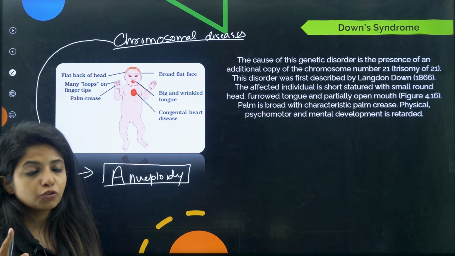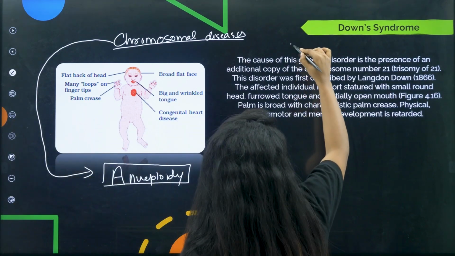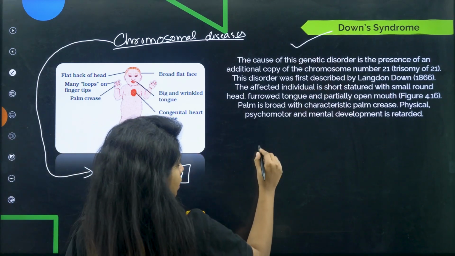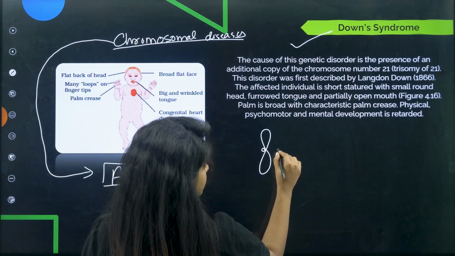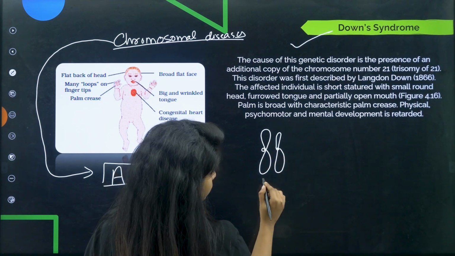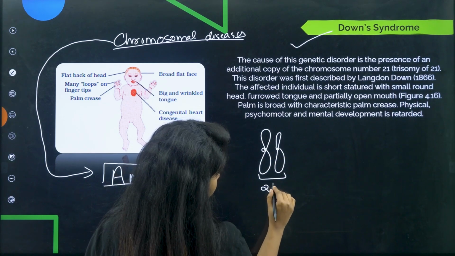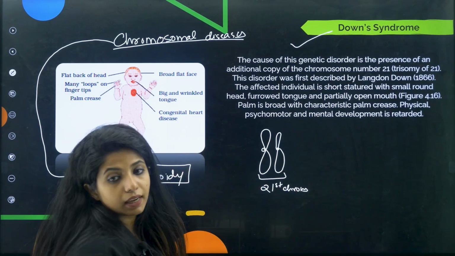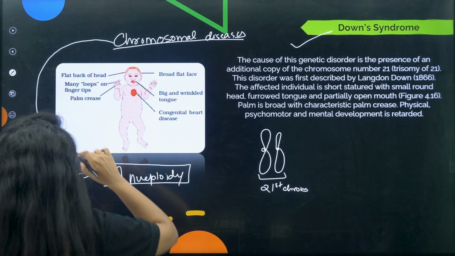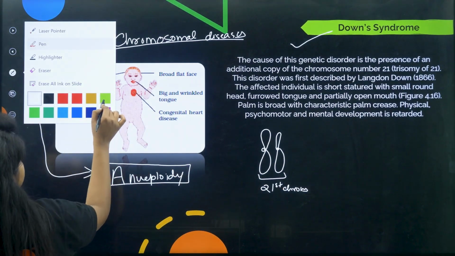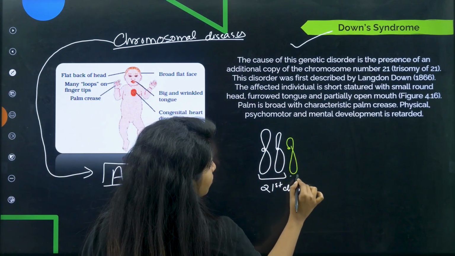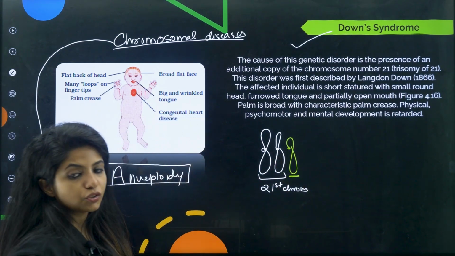The first chromosomal disorder is what, children? Down syndrome. What exactly happens in Down syndrome? Basically, for everything we have a pair of chromosomes, right? So this is the 21st pair of chromosomes. But in the case of Down syndrome, there will be one extra 21st chromosome.